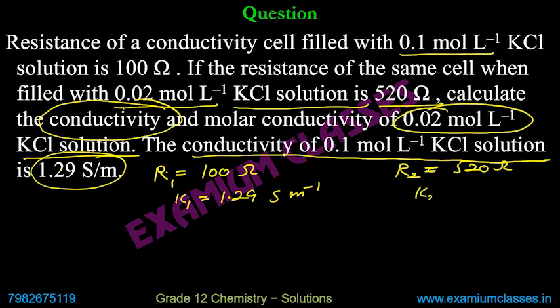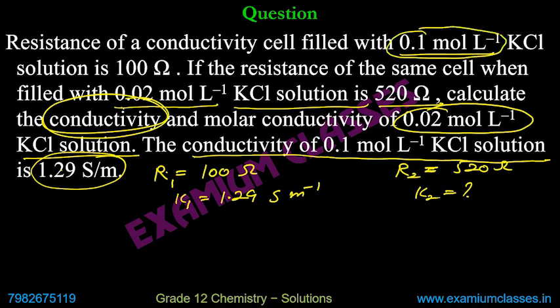Here kappa 2 is asked, this one. Okay. So the 0.1 mole per liter solution is of 100 ohm. 0.02 mole per liter is of 520 ohms. But these two are interrelated.